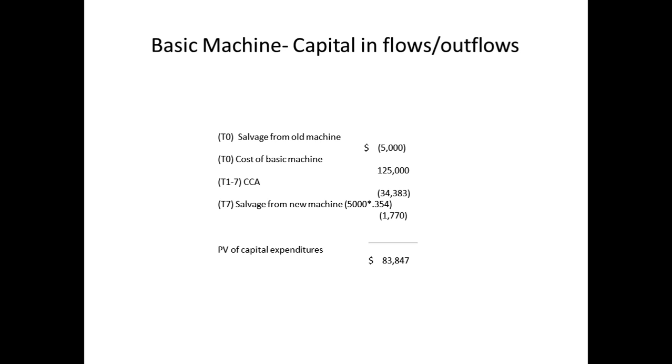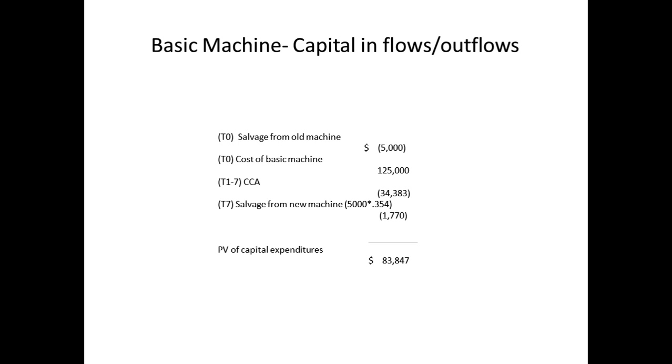Now the things you have to consider, and it doesn't matter in what order you consider them as long as you capture all of them, are both capital and operating effects of these potential purchases. For a basic machine, I prefer to separate the capital from the operating as far as I can.